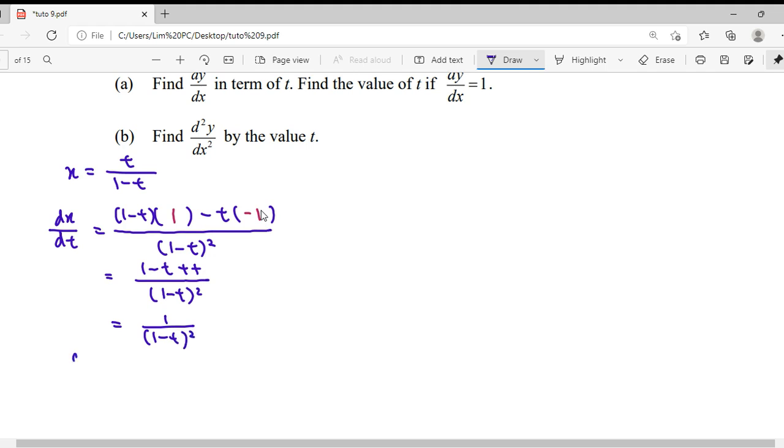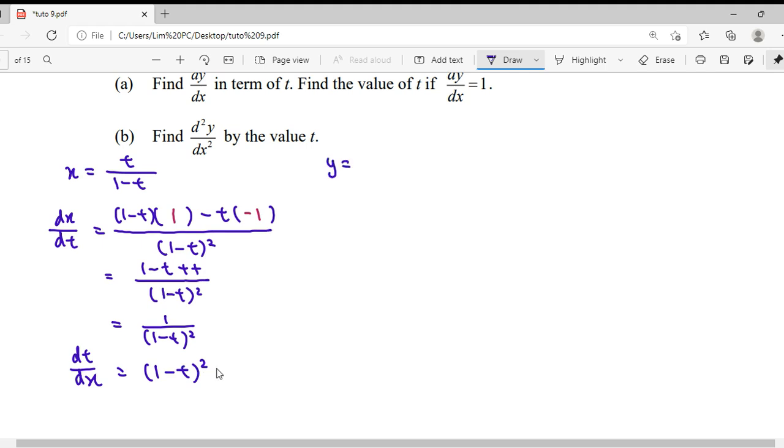So when we inverse it, dt dx, we will only have 1 minus t squared. So over 1 we don't write, okay? We just put 1 minus t squared. That will be our dt dx.